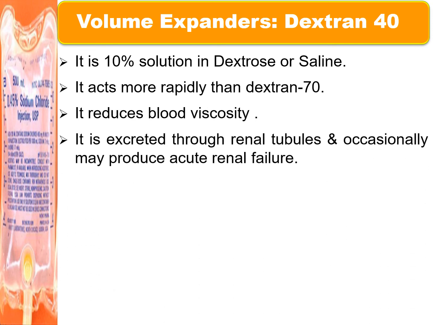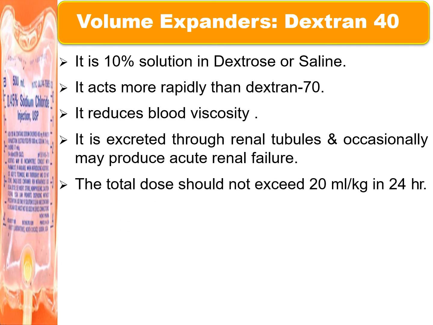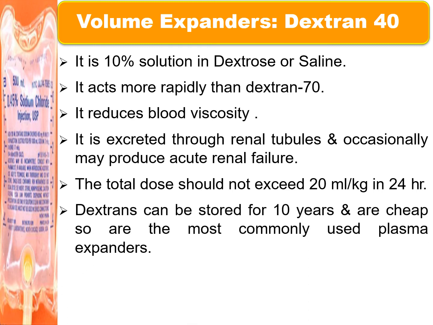It is mainly excreted through renal tubules and occasionally may produce acute renal failure. The total dose of dextran 40 should not exceed 20 ml per kg in 24 hours.